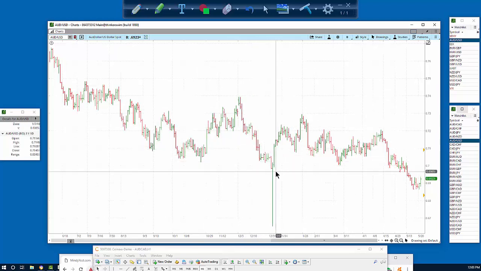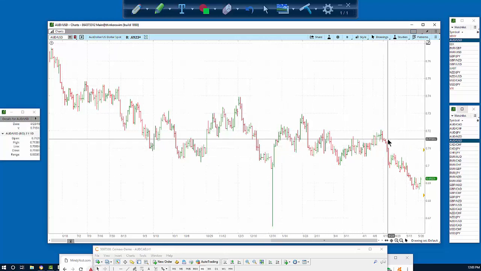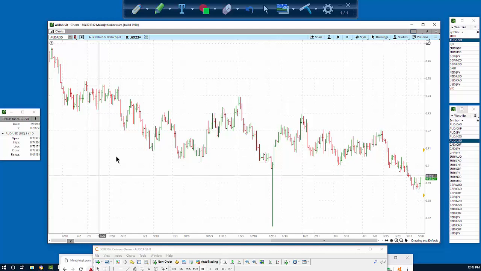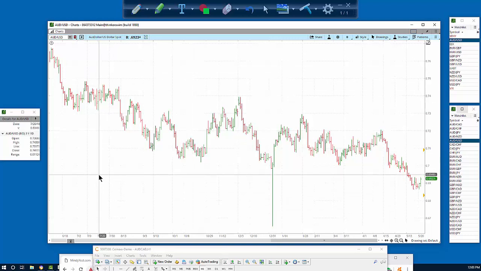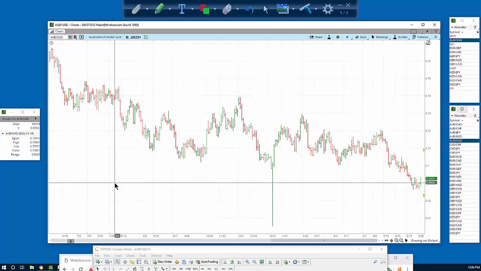So the reason for that is because when you're dealing with a stock, you're dealing with one thing, right? You're dealing with the Apple stock, or you're dealing with the HP stock, or whatever it is, right?